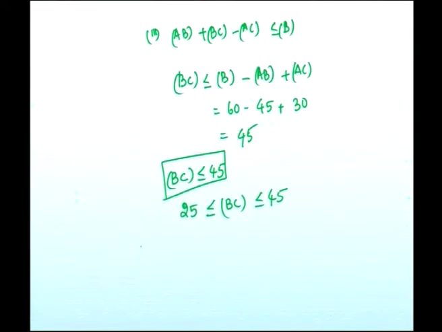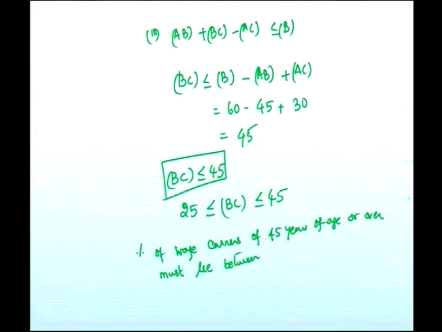Okay, you got a percentage of wage earners of 45 years of age or over must lie between 25 and 45. This is the conclusion or the inference we arrive at from the data given in the question.